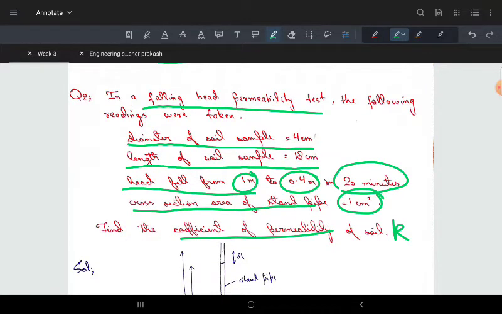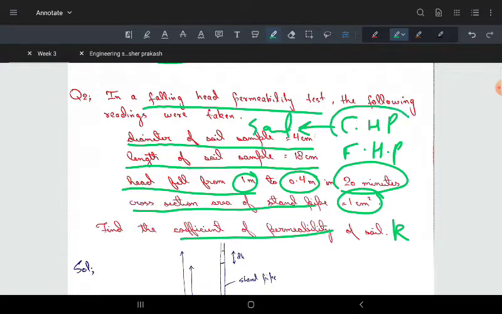Let me first make a point here. There are two types of tests, as I already said: one is the constant head permeability test and another is the falling head permeability test. So when to use what type of test? The constant head permeability test is used for soils which have high permeability, that means sand.